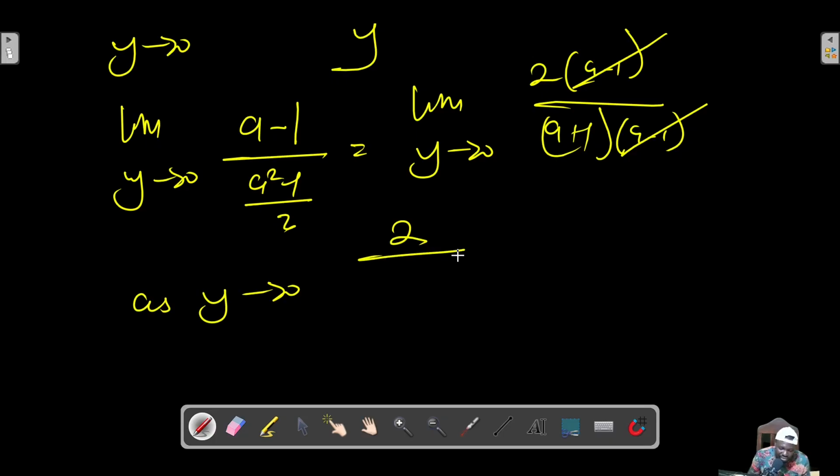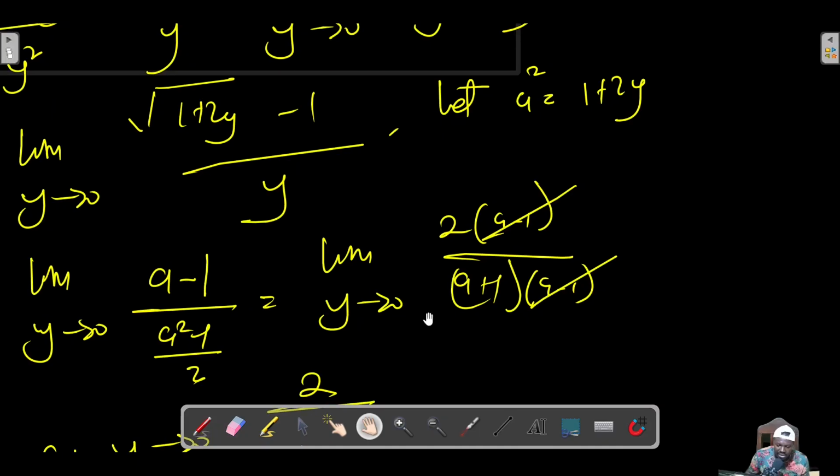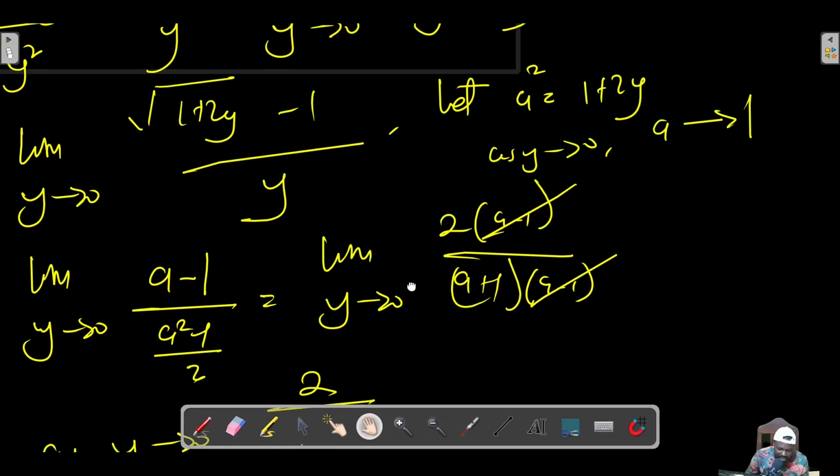Sorry, I forgot to change the limit. Now, if a squared is equal to 1 plus 2y, then as y is approaching 0, what will a be? My a will approach 1.